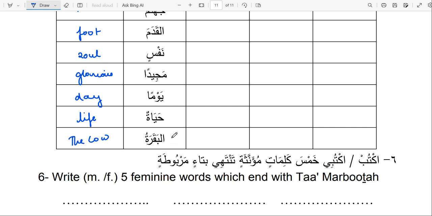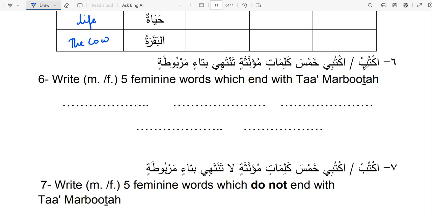Exercise number 6. Uktub. How do I know I should read U? Because 1, 2, and 3 there is a dhamma. So you need to pronounce as uktub. Uktubi khamsa kalimat, write 5 words, muannath, feminine, tantahi, ends with ta marboota. So what are the 5 nouns? For example, shajara, shajaratun.